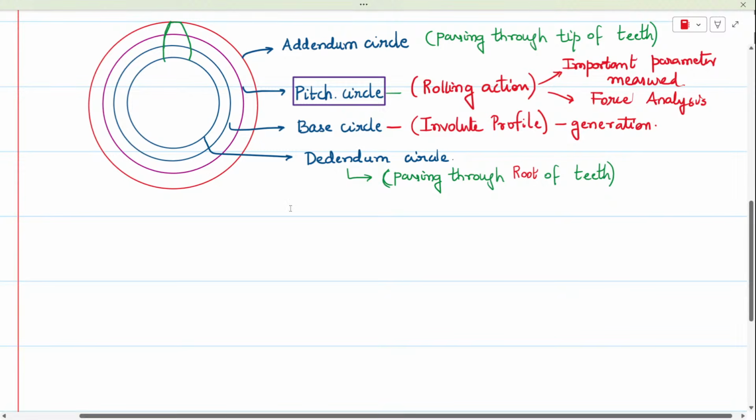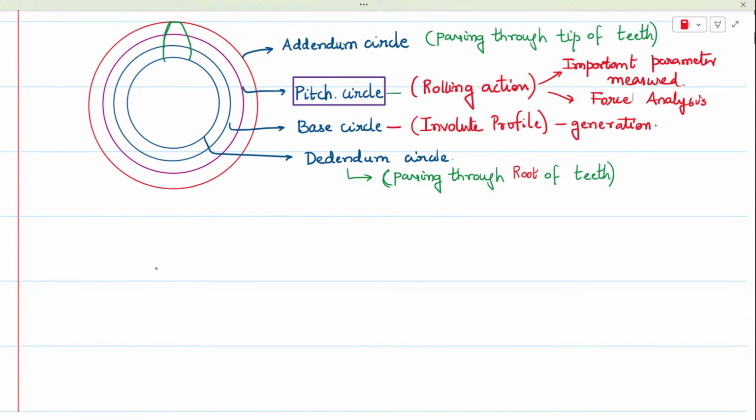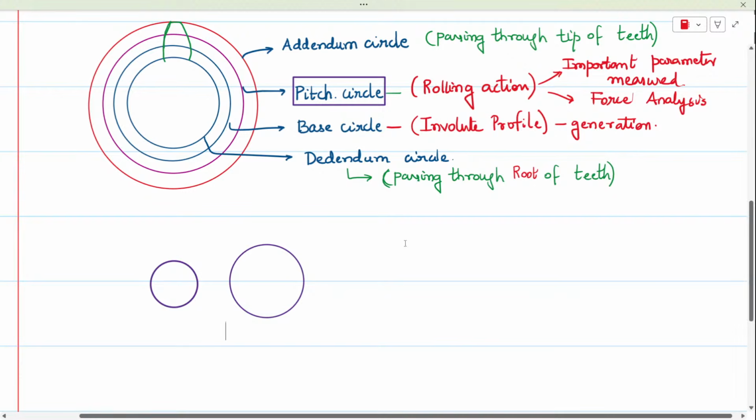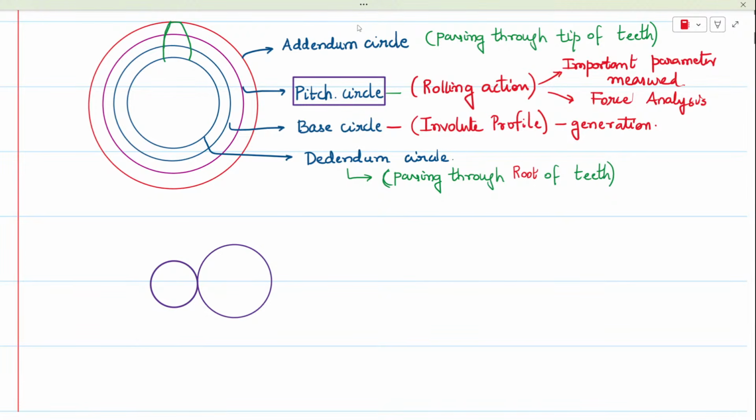So now, before we get started with the next slide, let me write here a few more terms. This is a smaller circle, and this could be a bigger circle. If the gears are in mesh, they could be represented by pitch circles.